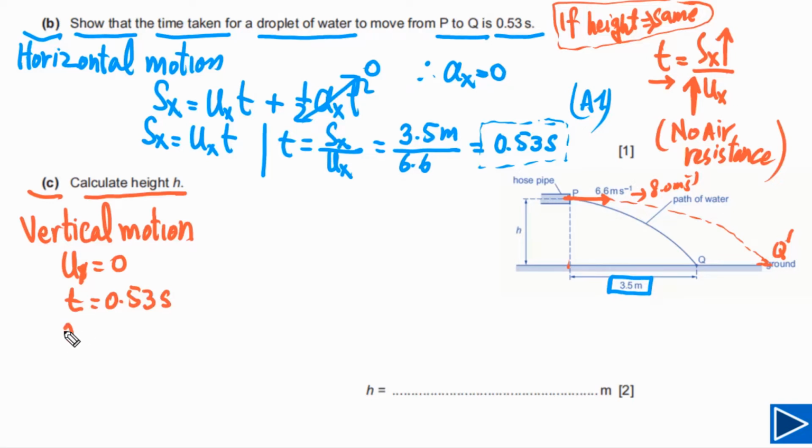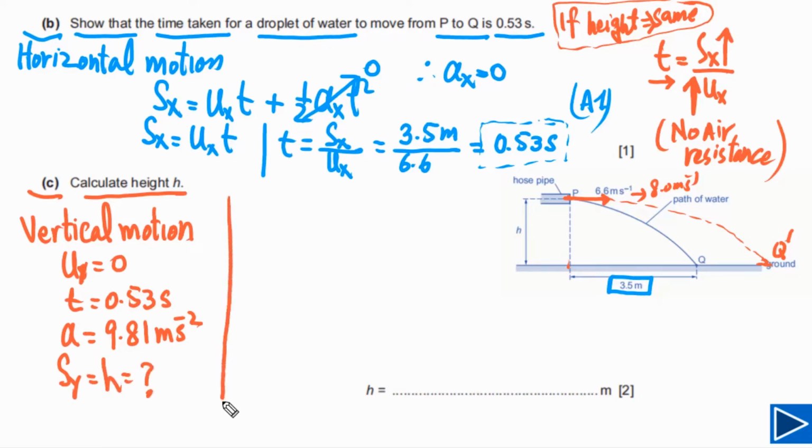Now the next thing we need to understand, along vertical there is acceleration due to gravity, and the value of that is 9.81 meters per second squared. We need to find vertical displacement. It simply means we need to find height. In this case acceleration is constant, so we can use S is equal to ut plus 1/2 at squared. And we need to choose one direction.